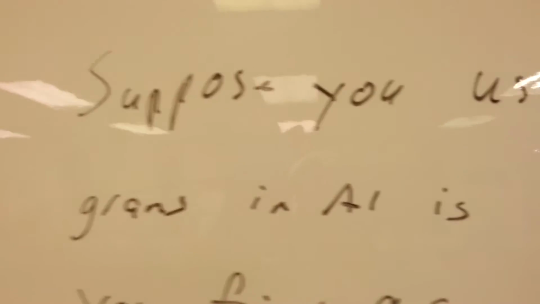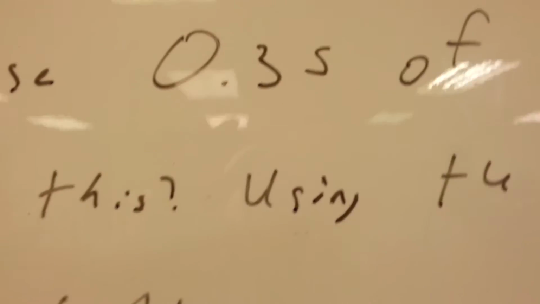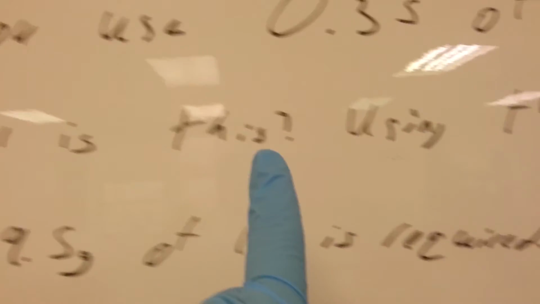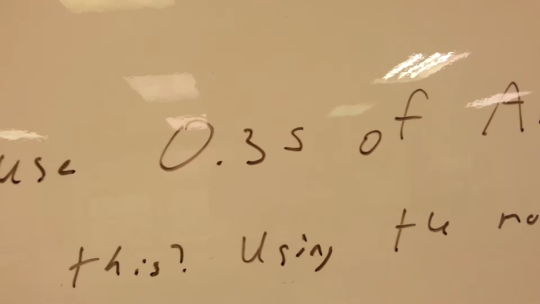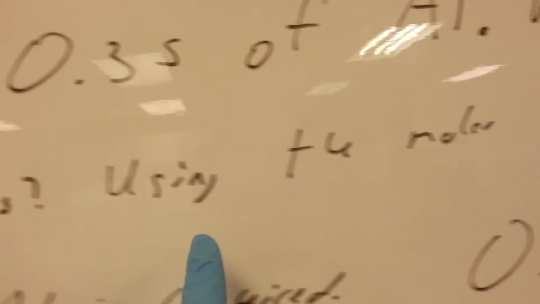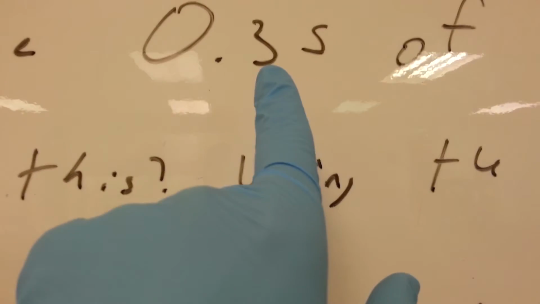Now, suppose you use 0.35 grams of aluminum. I'm sorry, this should say 0.35 moles. Apologize for that.